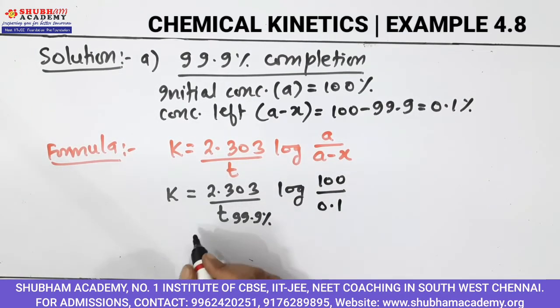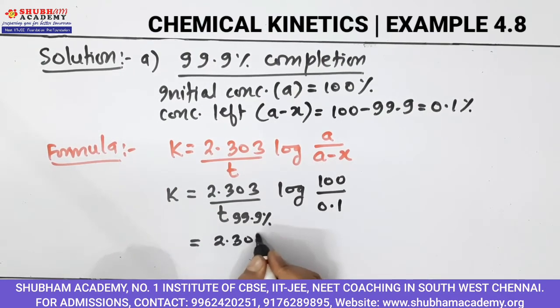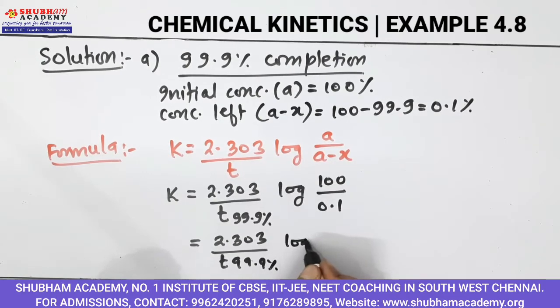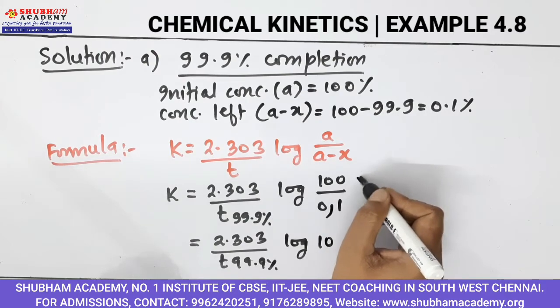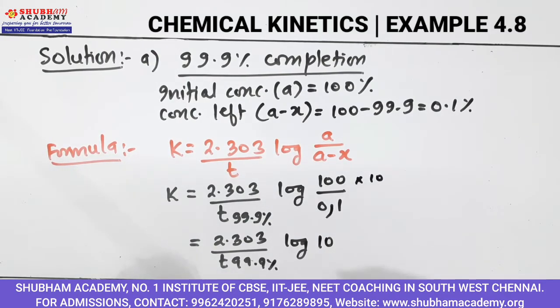Right? So if you simplify this, you remove the decimal, so here you will get 10 power 3.